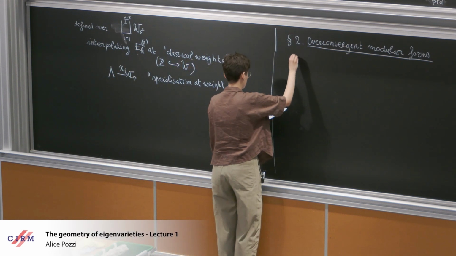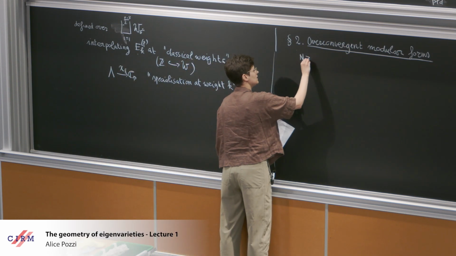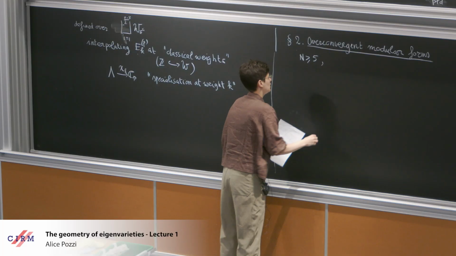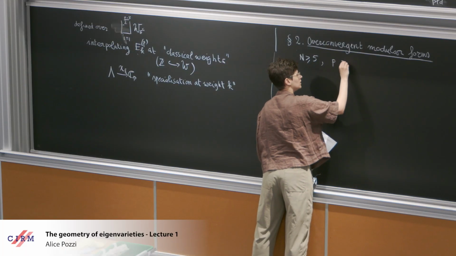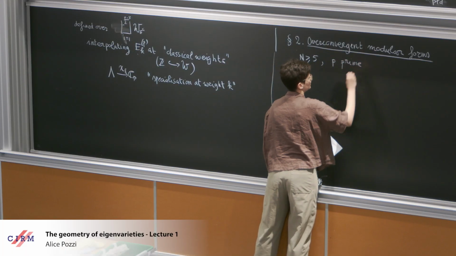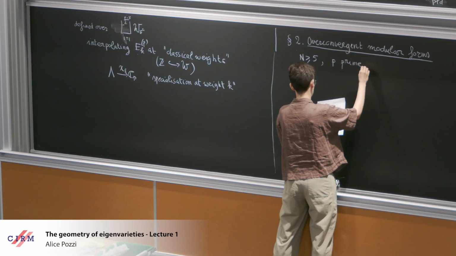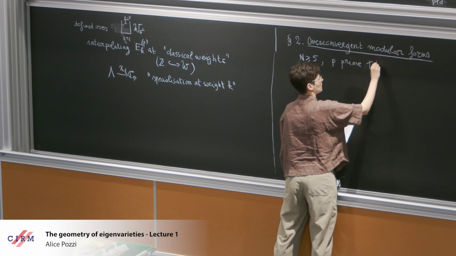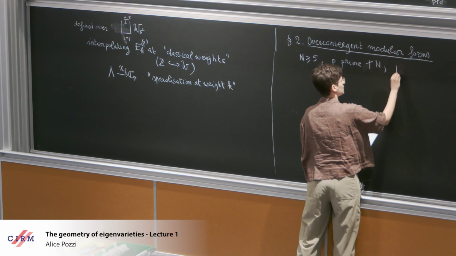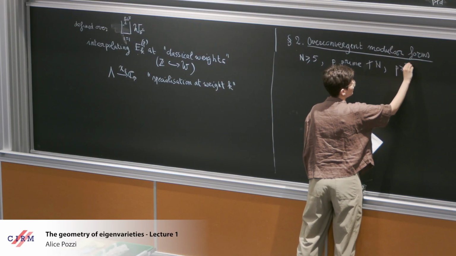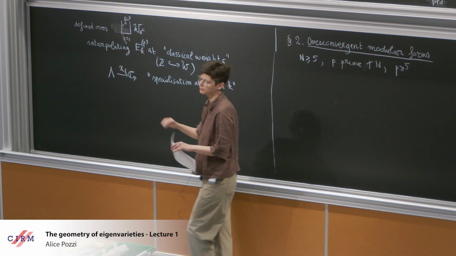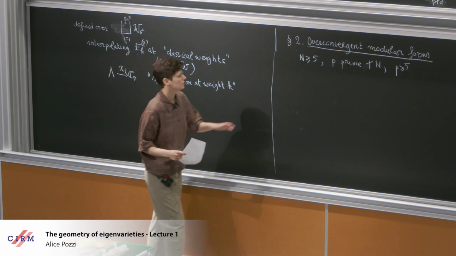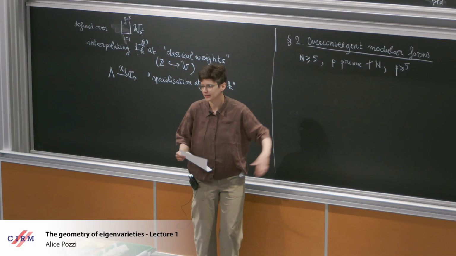So, for this next part, I'm going to assume that n is at least 5, p is a prime that does not divide n, and I'm going to assume that p is also at least 5 for different reasons. And none of this is super important.